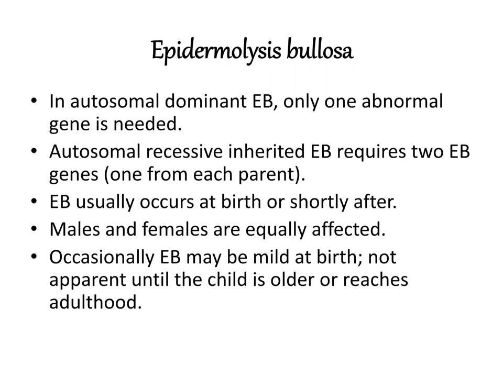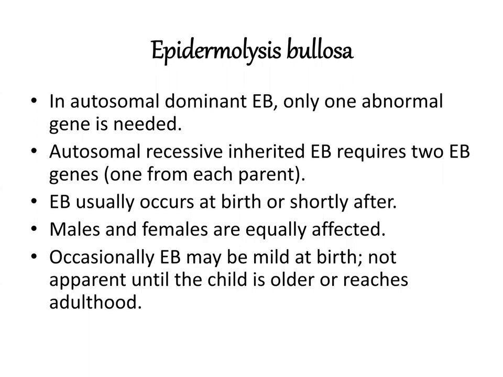But in autosomal recessive, you need both genes to be damaged, one from each parent, father and mother. Then only the phenotypic appearance occurs. If phenotypically affected, that means they don't have a normal gene, so the disease severity will be more.